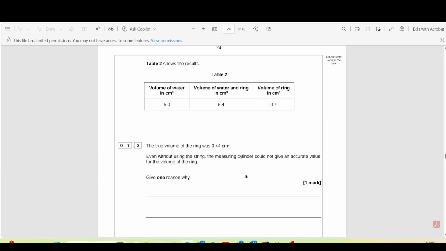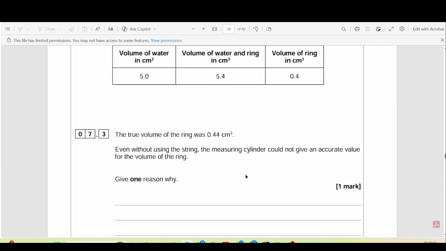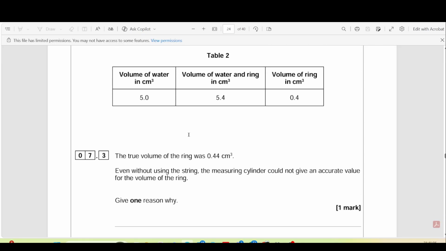Let's see this 7.3. The true volume of the ring was 0.44. Even without using the string, the measuring cylinder could not have given an accurate value for the volume of the ring.